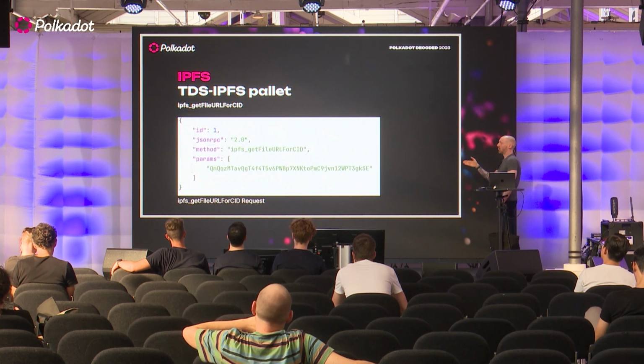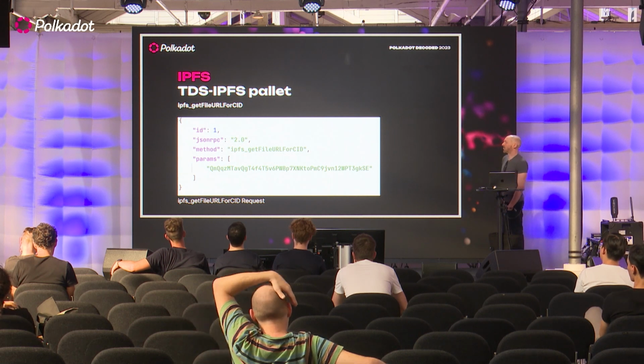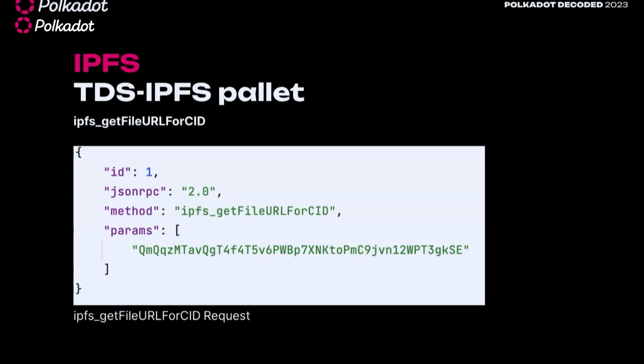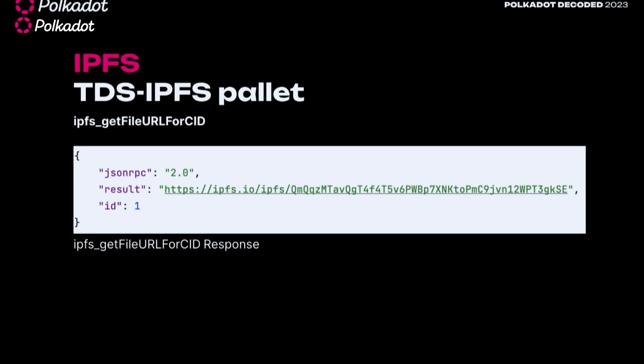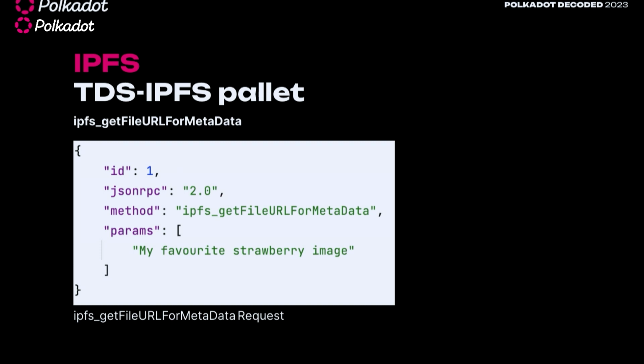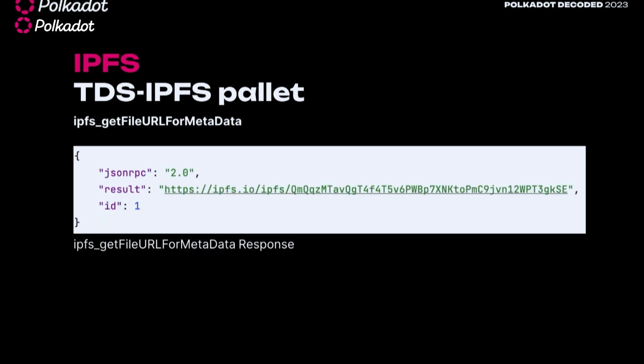This is how the request looks for CID. You have the params array, you put your CID in it, and if everything works out, you will receive this response here. And same for metadata, where you will receive basically the same response.